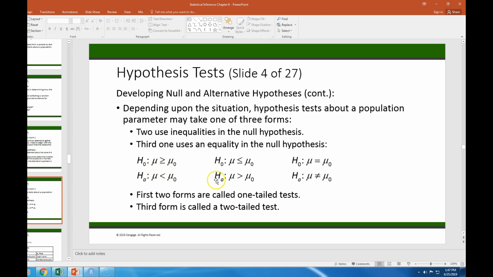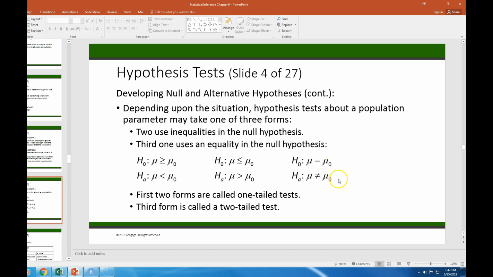In the second scenario, the population mean is hypothesized to be less than or equal to the hypothesized value. So the rejection region lies in the upper tail of the distribution. And finally, in this third scenario, this is the case where we might not have enough information to make the conjecture whether the population mean is higher or lower than the value mu naught.